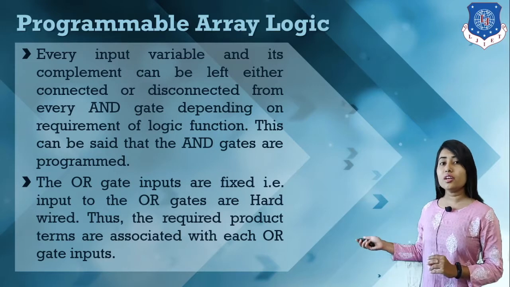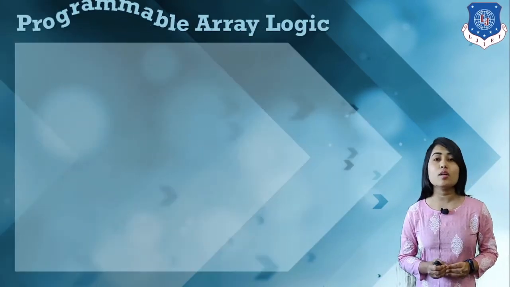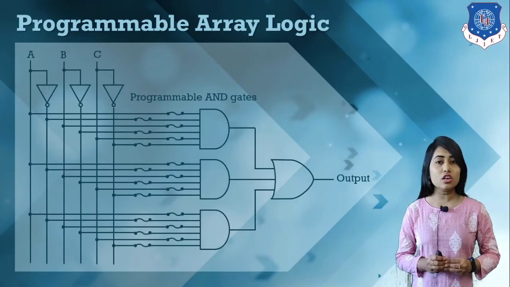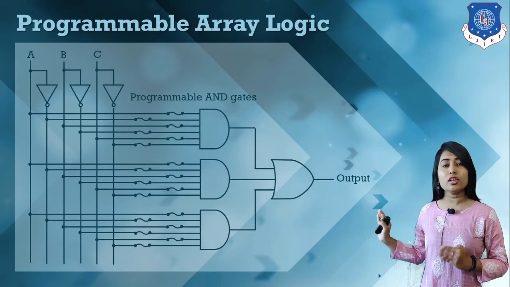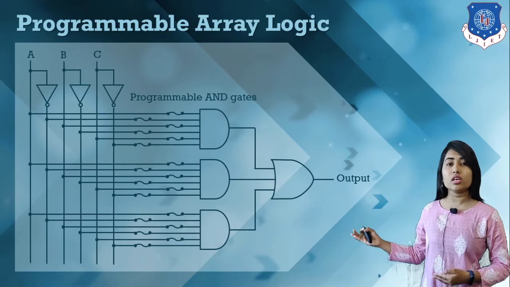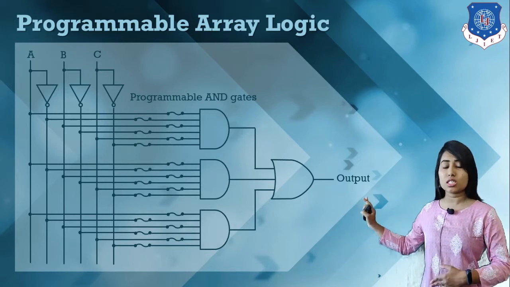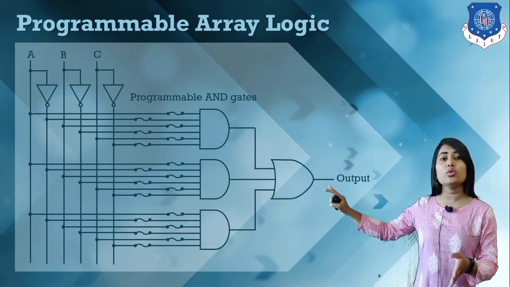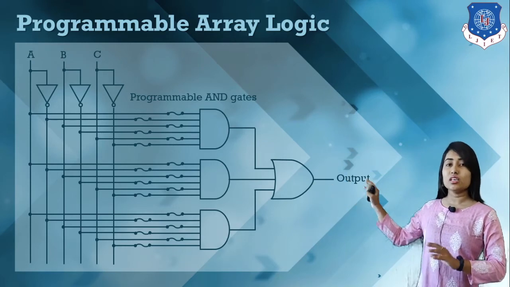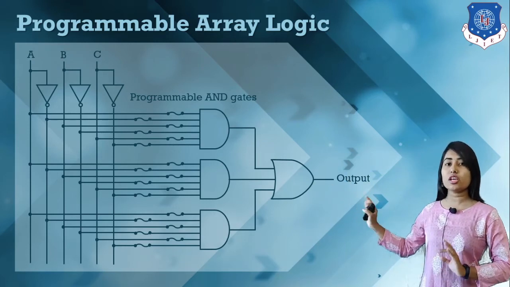Here we have a logical diagram of a programmable array logic, a 3 input programmable array logic circuit. Here we have 3 inputs, A, B, C, and their complemented inputs are always there: A dash, B dash, C dash. Here we use an inverter circuit to denote that.